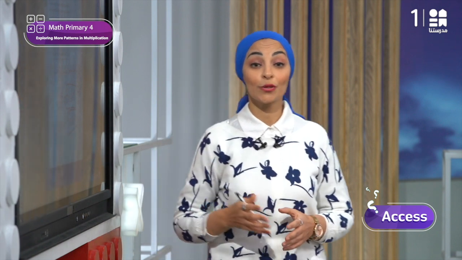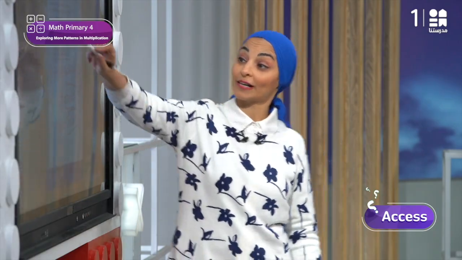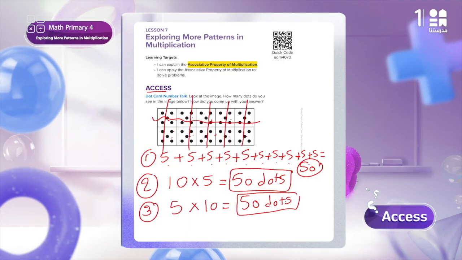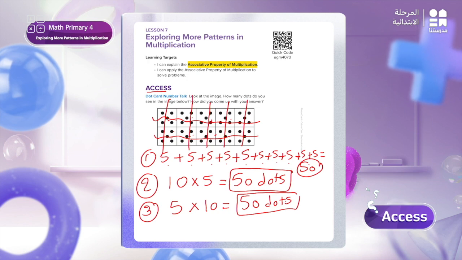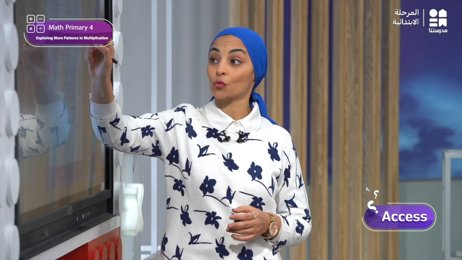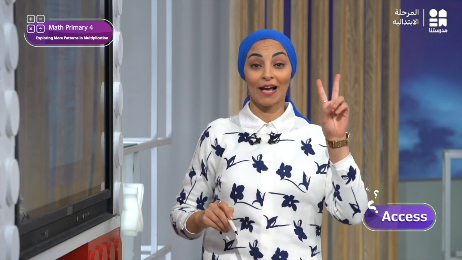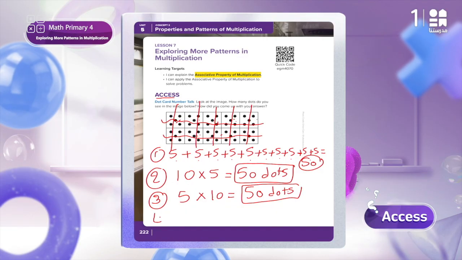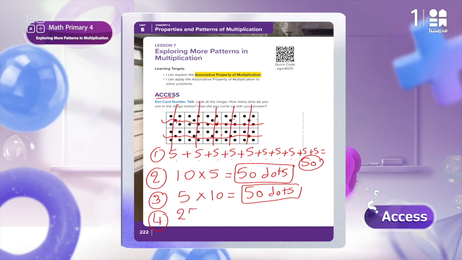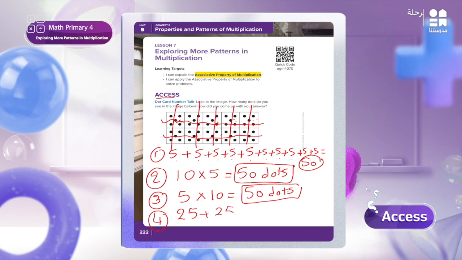Well, has anyone thought about the fact that there are 2 rows? Did anyone think that I have here two rows? This is the first one and this is the second one. How many dots does each row have? This row has 25 dots. So I have 2 rows, each row has 25. So I can solve it in a fourth way, which is what? I can do 25, which is this, plus 25. 25 plus 25 equals what? 50.